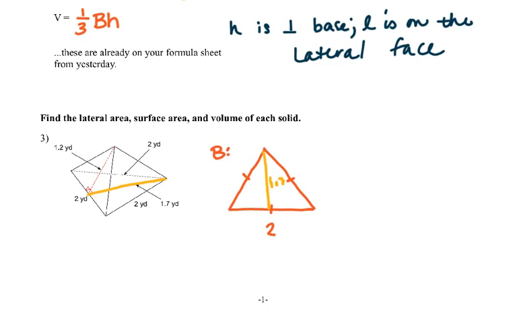So let's go ahead and start with the lateral area. So the lateral area is 1/2 of the perimeter times the slant height. And the perimeter of our base, right? So we've got 2, 2, 2. So our perimeter is equal to 6. And our slant height is that side that goes down if you were sliding down the side of the pyramid. And so our slant height is 1.2.